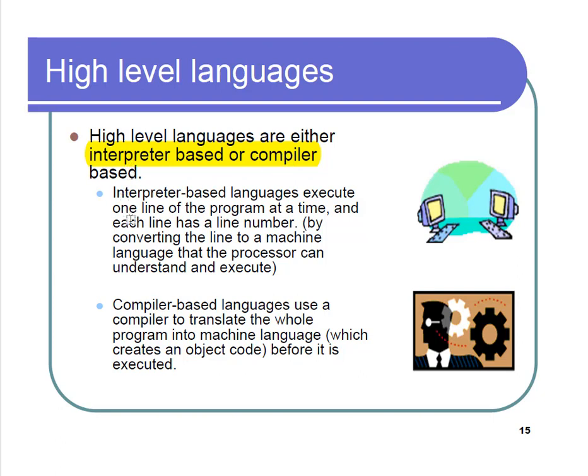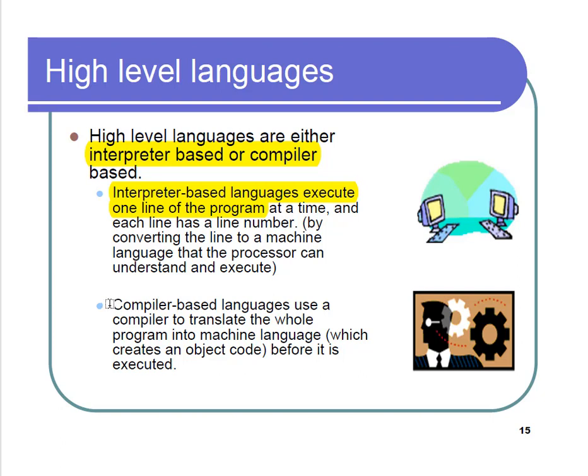What is the meaning of interpreter-based? Interpreter-based languages execute one line of the program at a time, and each line has a line number, by converting the line to a machine language that the processor can understand and execute. So the interpreter assigns each line a number, and it can then be executed or understood by the robot program language. All right, that is what we call interpreter-based languages.